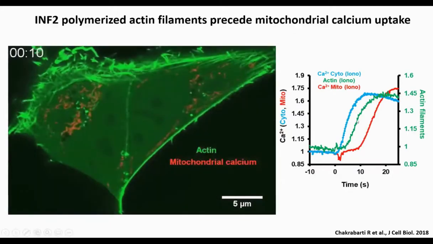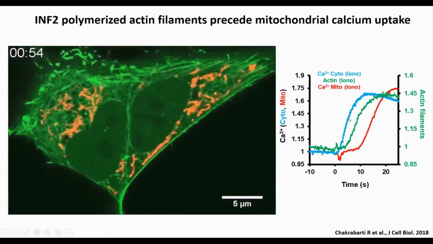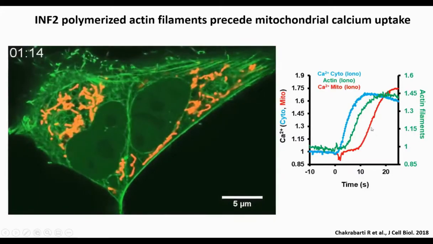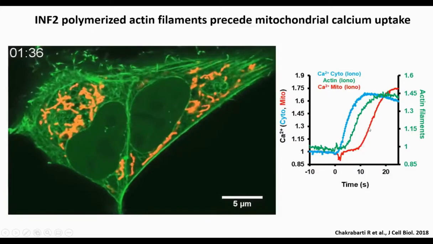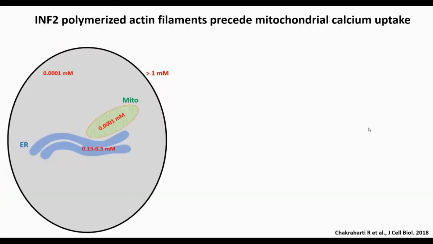And we figured out that the actin filament assembly follows the calcium and is dependent on this calcium rise, and then the mitochondrial calcium goes up after the actin filament assembly. Now, we tested this out in a different way. What I told you is we add ionomycin, which brings in calcium from the extracellular source, and in the process, it also helps in the ER calcium efflux.